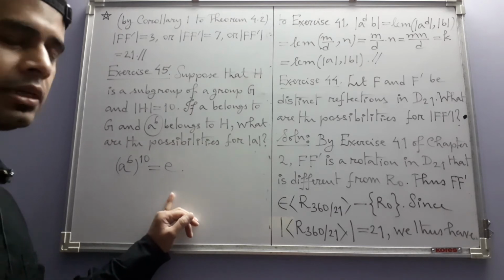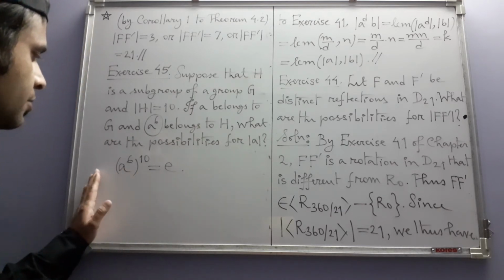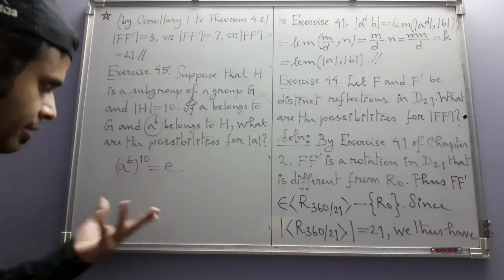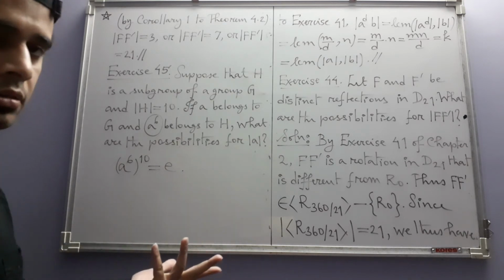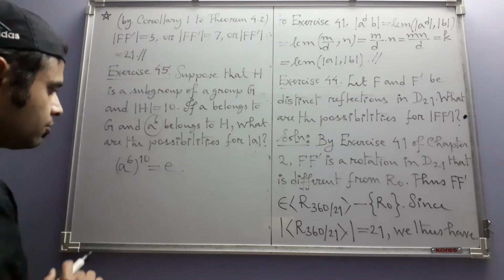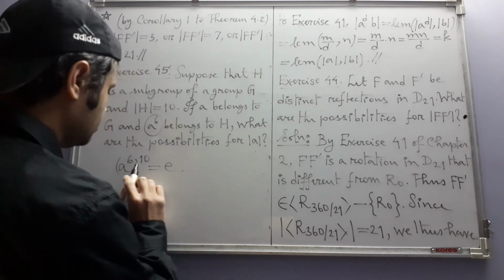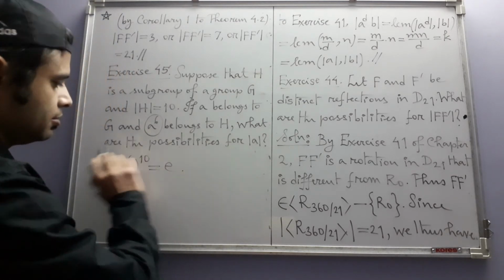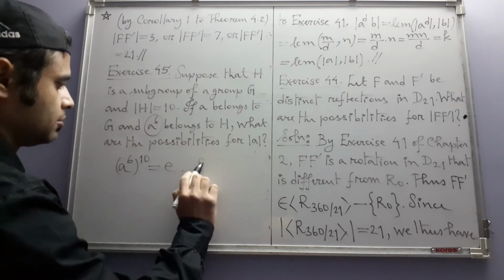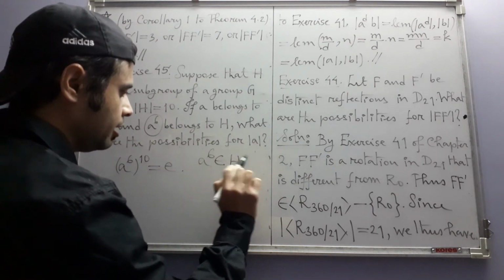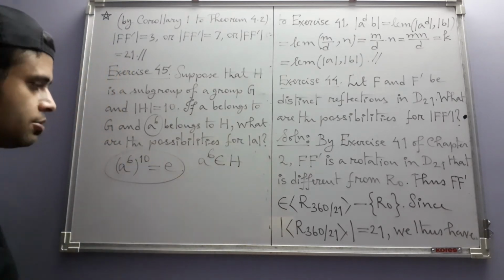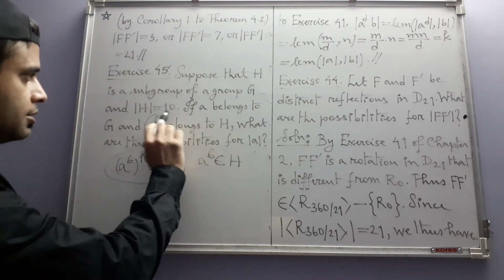I have seen on the internet also that that's how the solution has to be written. But I don't know how people are simply writing this. Since a to the power 6 belongs to H, this is true because the order of H is 10.